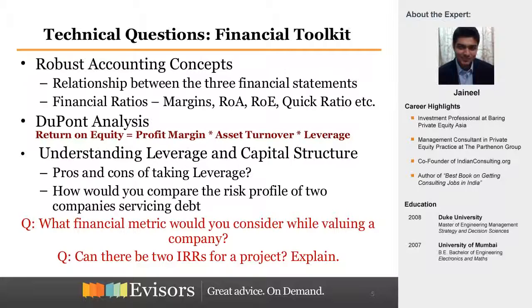One could derive its return on equity from either of the 3, and various companies are able to get their returns from either of the 3, and each of these come with their pros and cons.